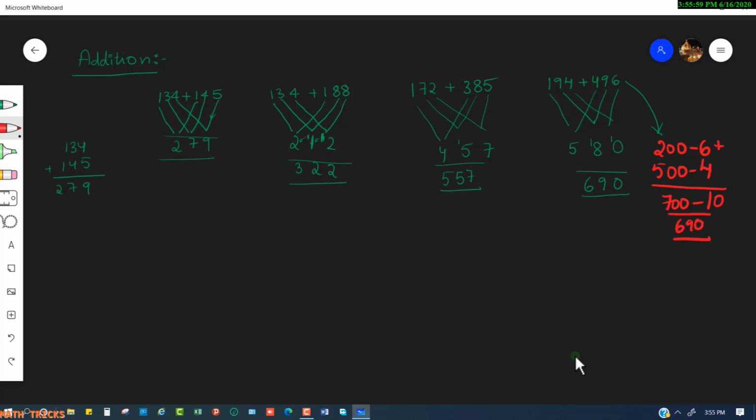Whenever you have numbers close to round figures, subtract from the round figures so that your calculation becomes very easy. Here you can easily add 2 plus 5, 700, and 6 plus 4 means 10. You can do similar sums which are close to 200.